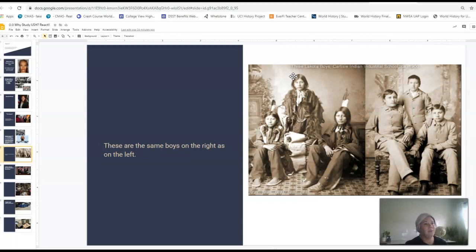These Indian schools were often where children were forcefully sent to be anglicized, to be made more American looking. So their hair was cut, they were not allowed to speak their language, their clothes were burned, they were not allowed to practice their native religions. Why is this important? Why would I show you this image of these boys?